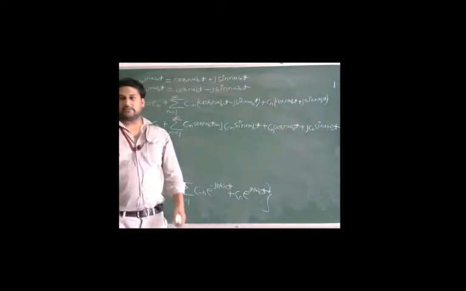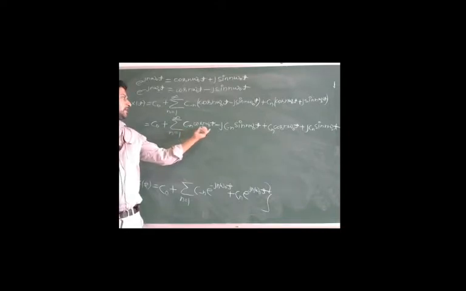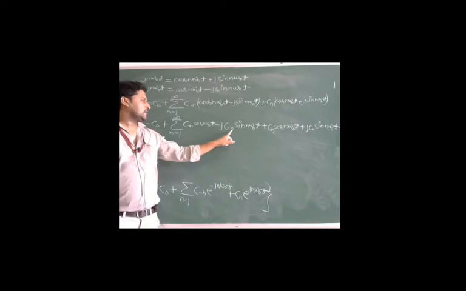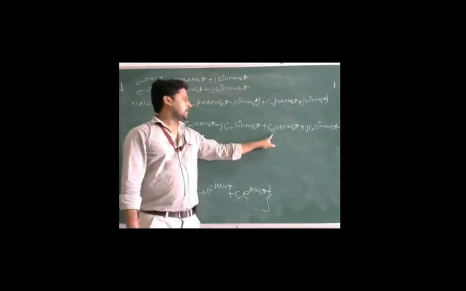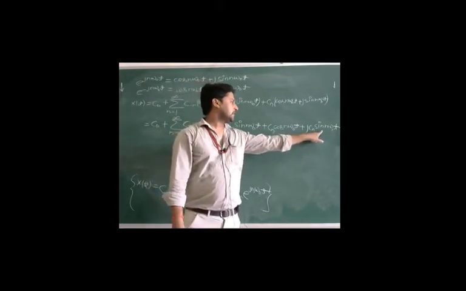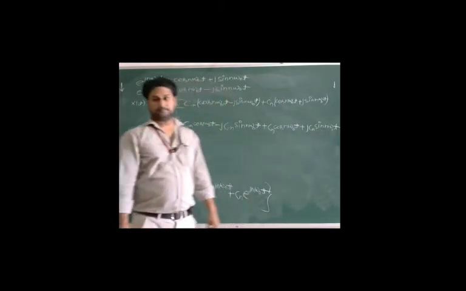The expression will go like this: c sub minus n cos of n omega naught t minus j into c sub minus n sin of n omega naught t plus c sub n cos n omega naught t plus j c sub n sin n omega naught t.